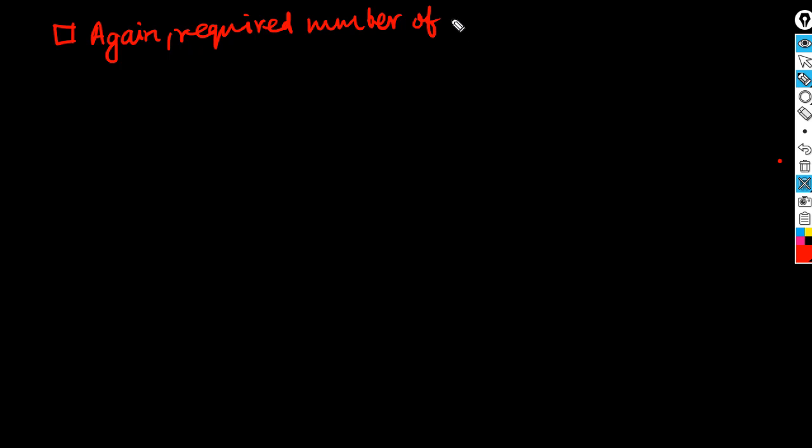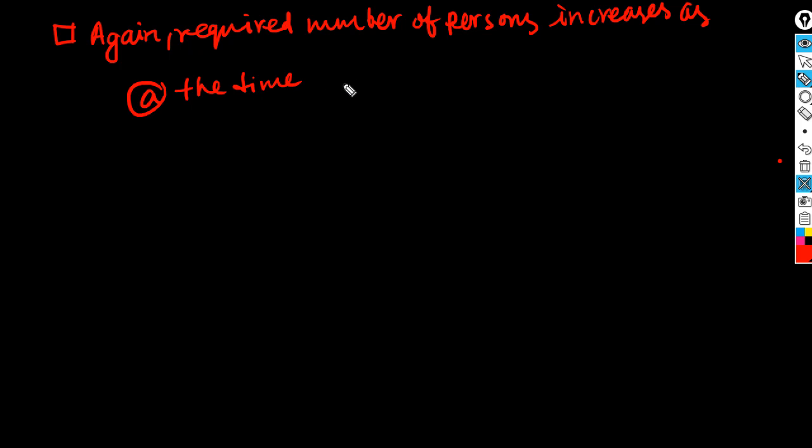Now come to the point. This point tells us when the required number of persons increases as, number A, the time decreases, and number B, the amount of work increases.